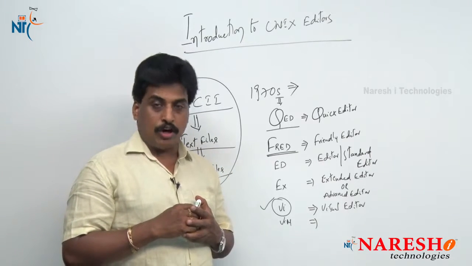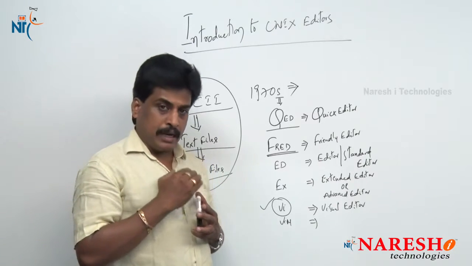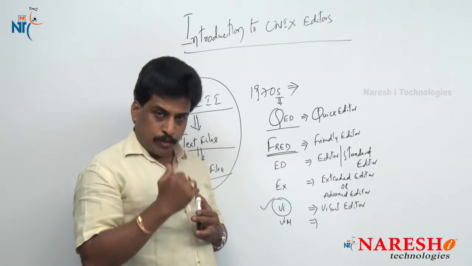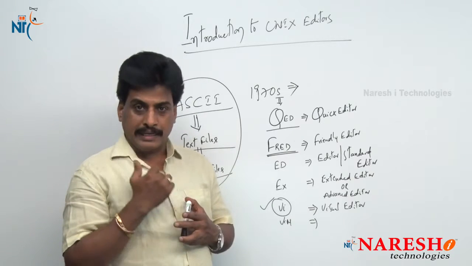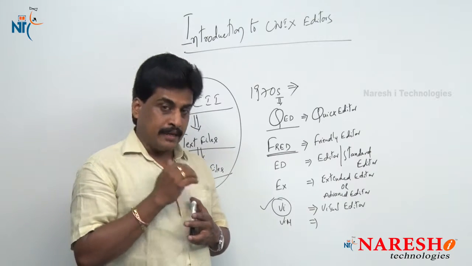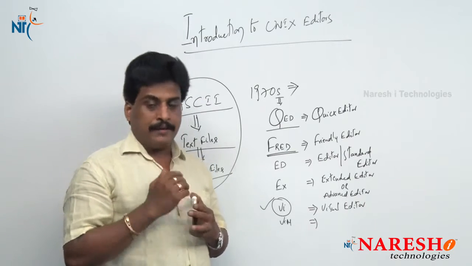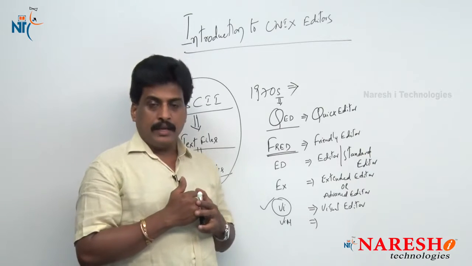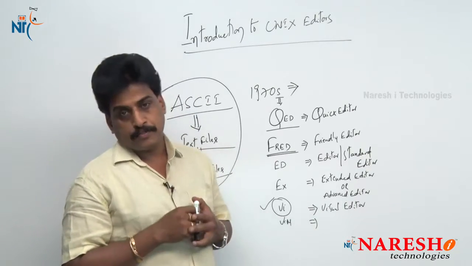These commands are used to move the cursor from left to right, right to left, top to bottom, bottom to top, edit, delete lines, edit the end of the line, edit the middle of the line, edit the start of the line. Like this, several commands are available in the vi editor.